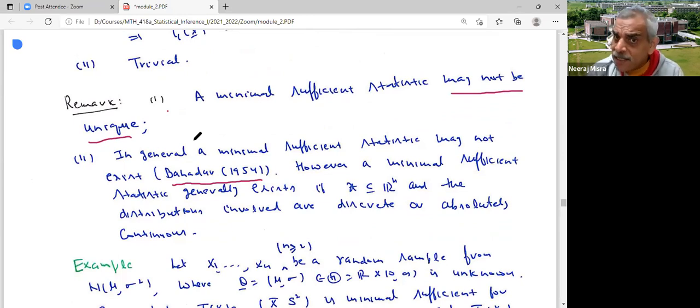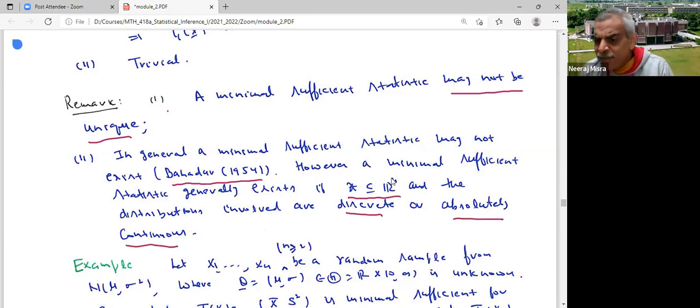But one can show that in general, a minimal sufficient statistic may not exist. However, generally, if the sample space is a subset of Euclidean space, and the distributions are either discrete or absolutely continuous, which would generally be the case in this course, the minimal sufficient statistic will always exist.